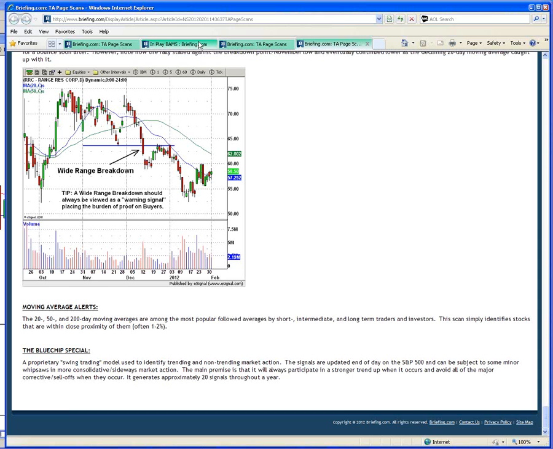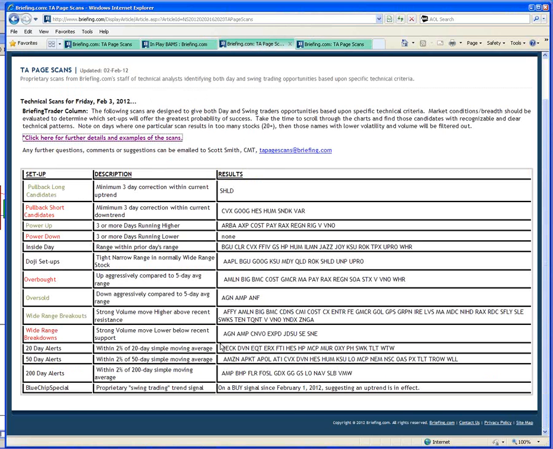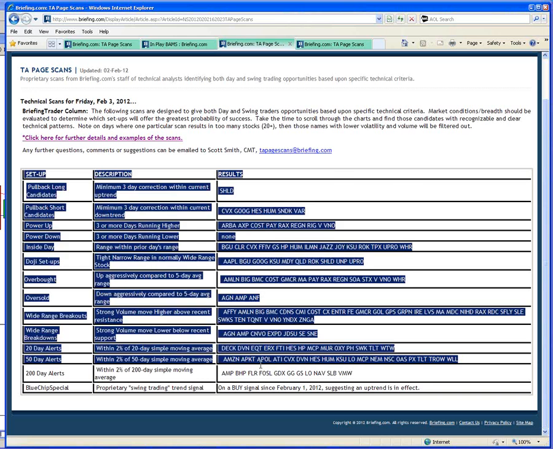The moving average alerts on the page, hopefully those are self-explanatory. It's basically stocks that closed within 2% of their 20-day, 50-day, and 200-day moving averages. Those are the most popular moving averages. If that's your style, and you like stocks that are trading off the 50s, I just glance through them and see which ones are on either the liquid momentum focus list or the emerging growth or value focus list that we have.